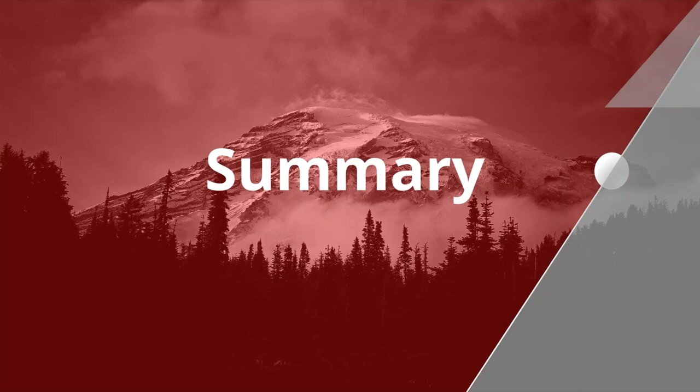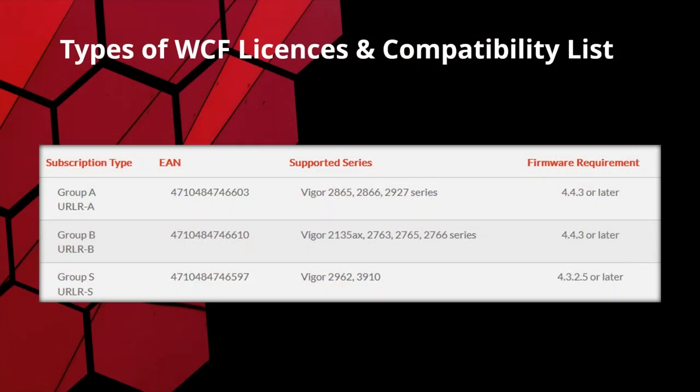Thank you, Łukasz. As Łukasz covered, he's given you a good overview of everything. I just wanted to talk about the different license types and supported models and touch briefly on some of the other models. We've got the 3 different license types: Group A, which is the URL A, and Group B, and then Group S. The service itself is the same for all of them.